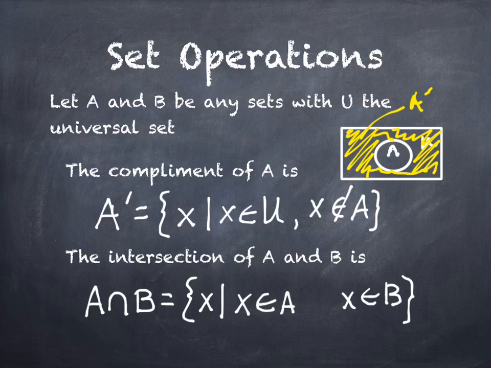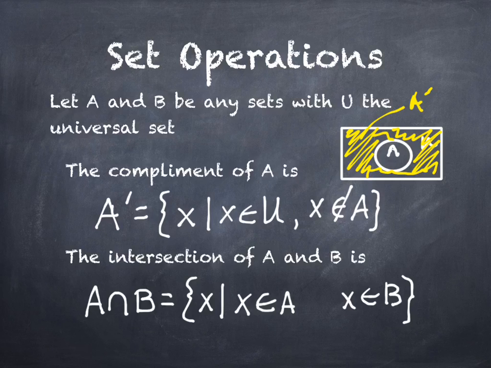Well, it will already be in the universal set if it's in A and B, because A and B are in the universal set. So we don't have to worry about the universal set on this one. What should go between X's in A and X's in B? I need a word. Close, not a plus.